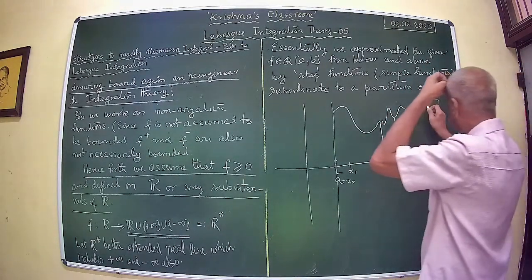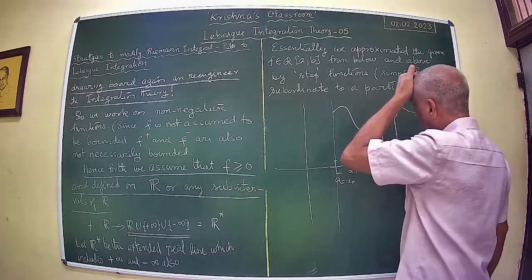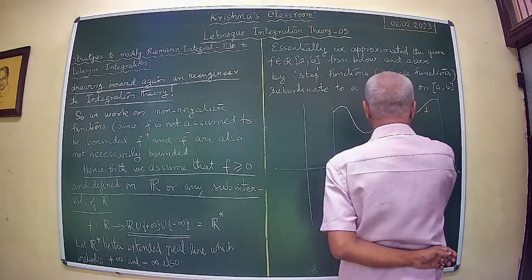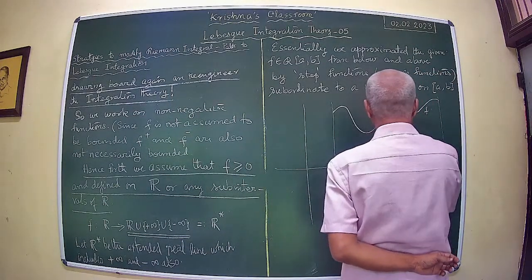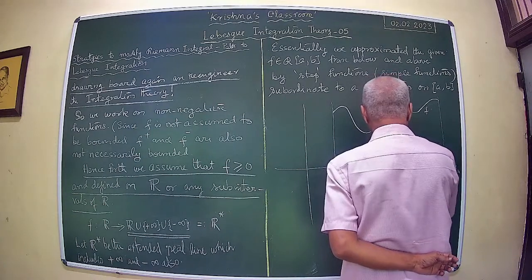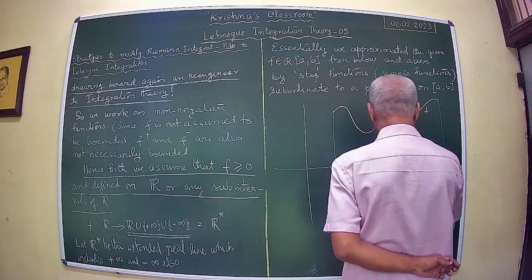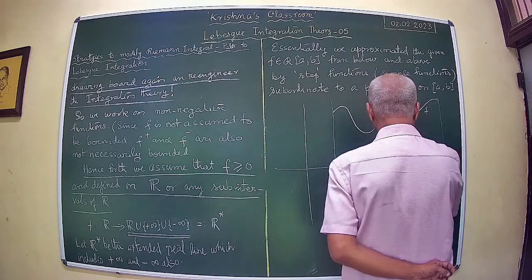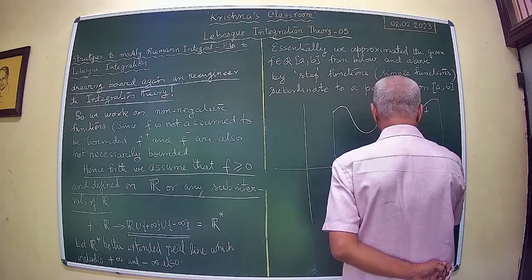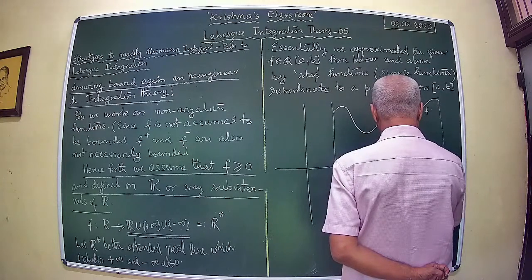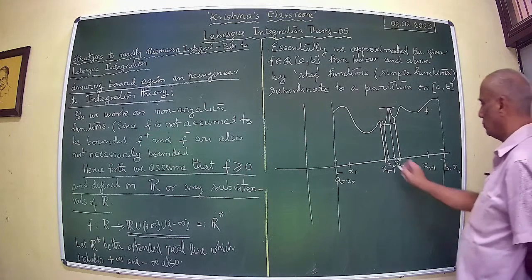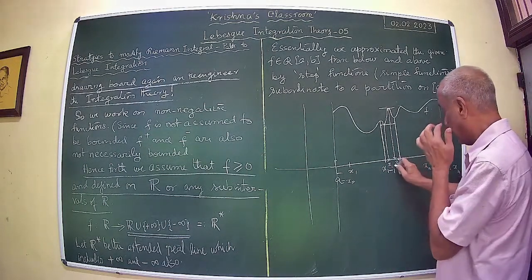So you had this is f. We have taken f to be non-negative, and we had this height, where you had taken this as xi sub star, the point where it attains the minimum, and the point where it attains the maximum or supremum as xi star. These two points are xi sub star and xi star.